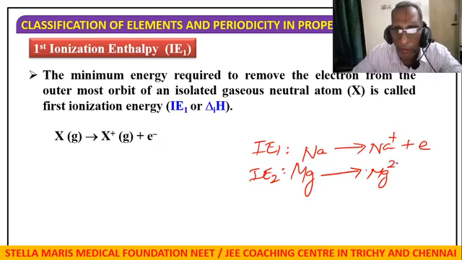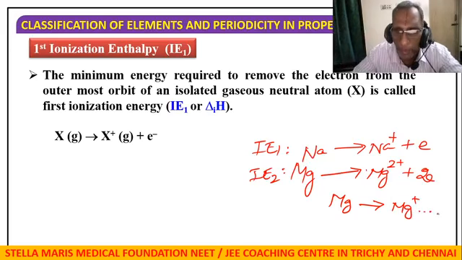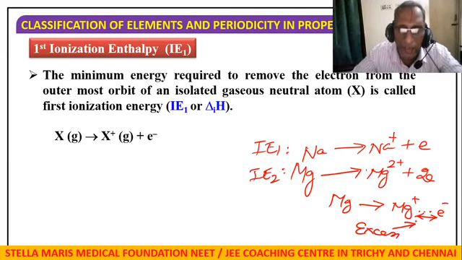So you have to supply more energy, because if it loses one electron, it becomes positively charged. Electrons are negatively charged, and opposite charges attract each other. So you have to supply excess energy against the attractive force.